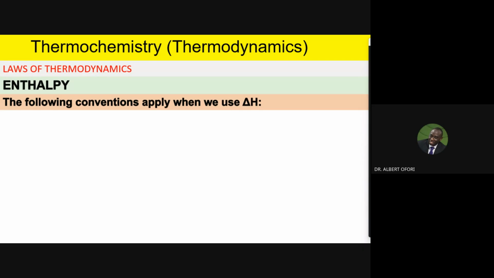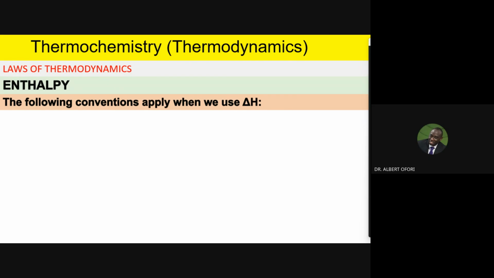It depends on the physical states of the reactant or the product. You remember when it was solid to gas, the enthalpy change was different. It also depends on the stoichiometric factors. If the original reaction is multiplied by a coefficient of stoichiometry, then the enthalpy change must also be multiplied.